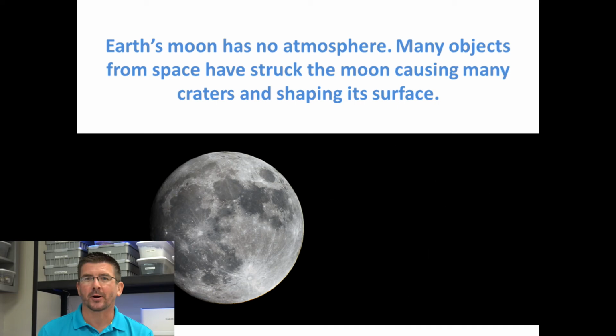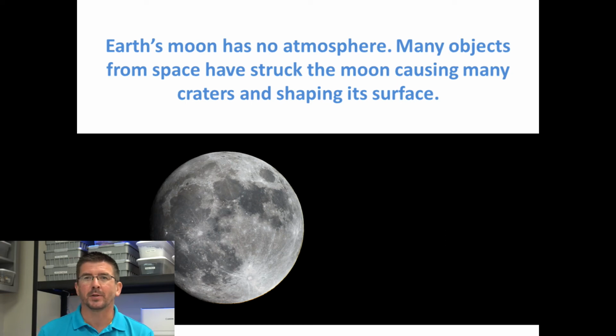Something else about our atmosphere that's very important is that it helps to protect us. If you've ever seen a video of a space shuttle re-entry or a satellite re-entry, you see that as it starts to come into Earth's atmosphere, it starts to get hot and actually starts to glow red because of the tremendous amount of heat caused by friction from air resistance.